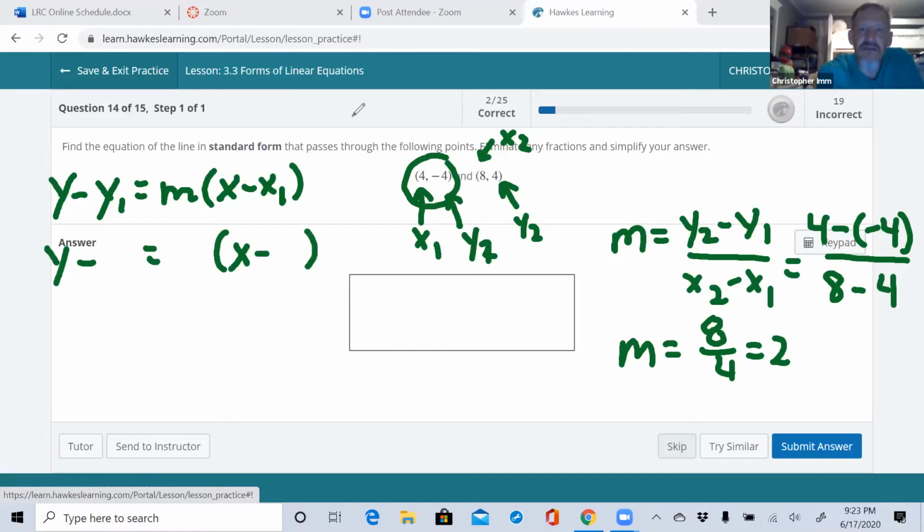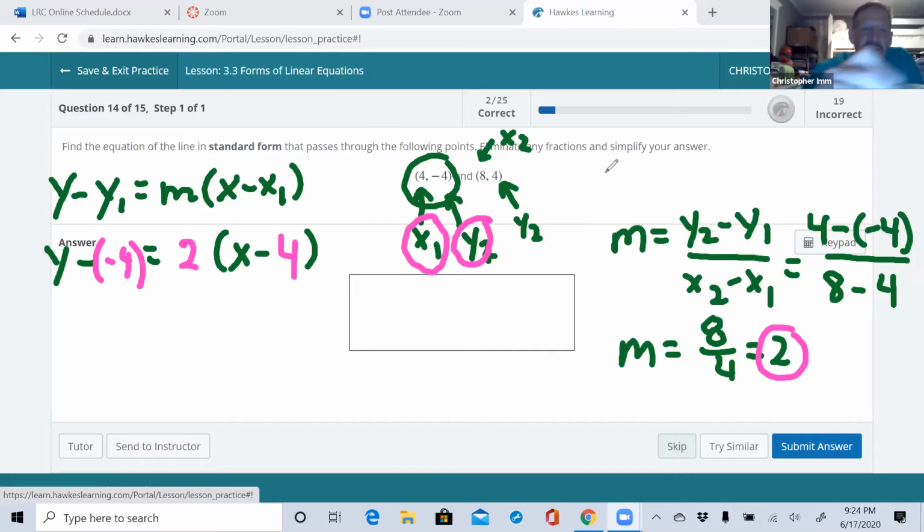I'm just going to do these in a different color to show you. So my y1 is a negative 4. I get that from right here. And my slope is a 2. We just calculated that. And my x1 is going to be a 4. Okay.